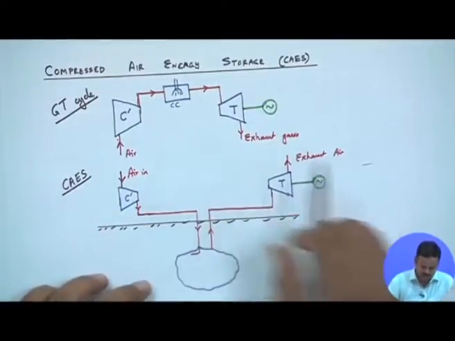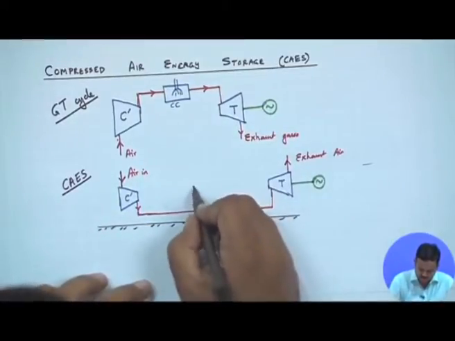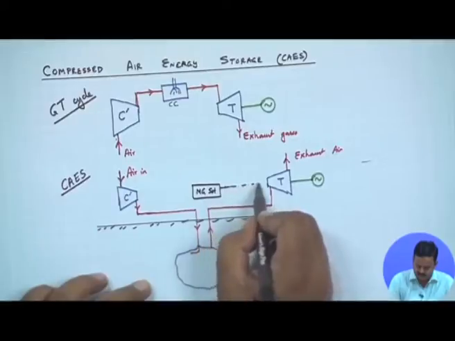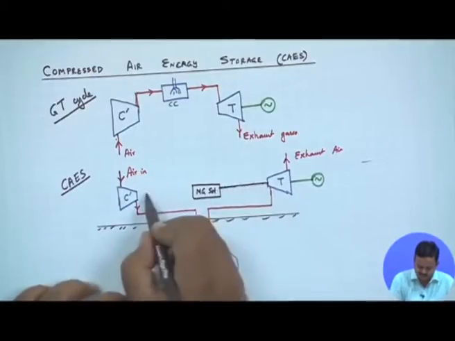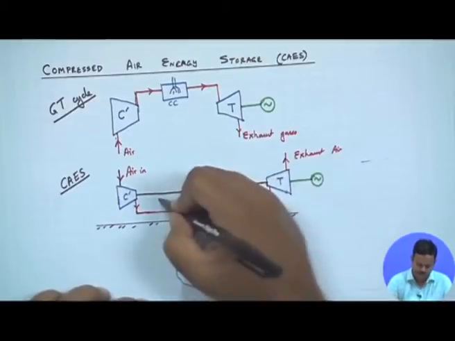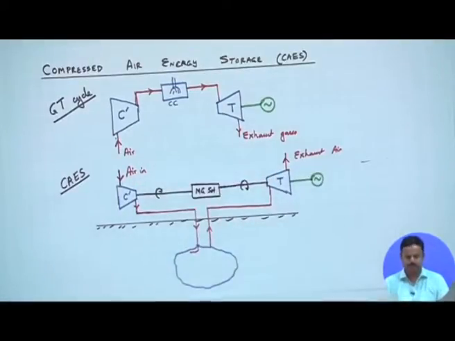I am going to have a motor generator set, which is going to have a shaft which connects these two. Clear? So, this is how a compressed air energy storage works.